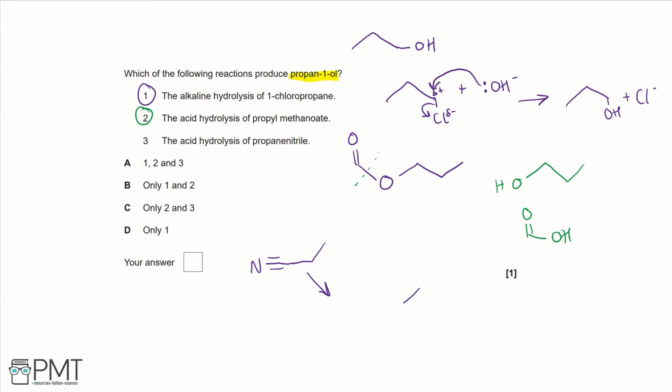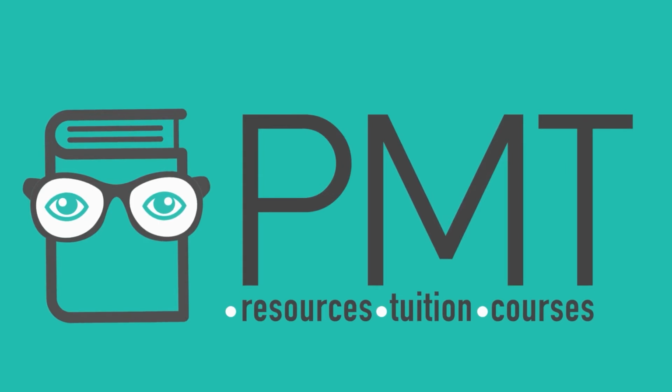So we would get propanoic acid, which I can draw here. So this is not going to be propan-1-ol, this is going to be propanoic acid, which is not what we wanted to form. So it's not going to be 3. So it's just 1 and 2, and that's going to be B. To get the mark for this question, you need to write B in the answer box provided.